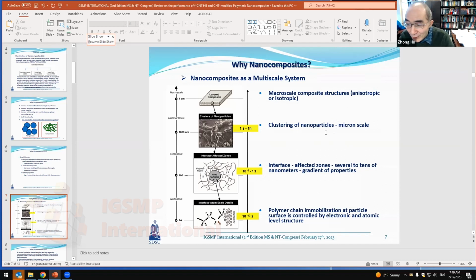But if you look at the interface and how the particle or reinforcement influences the matrix, maybe you can use the nanoscale, which is several to tens of nanometers. But if you look at the electronic or atomic level structure, absolutely you can go down to an even smaller scale. For example, if you're talking about bonding or immobilization, that's all about an even smaller scale, the atomic scale.